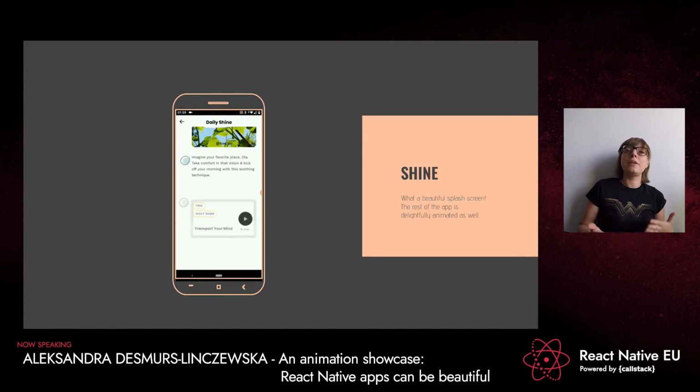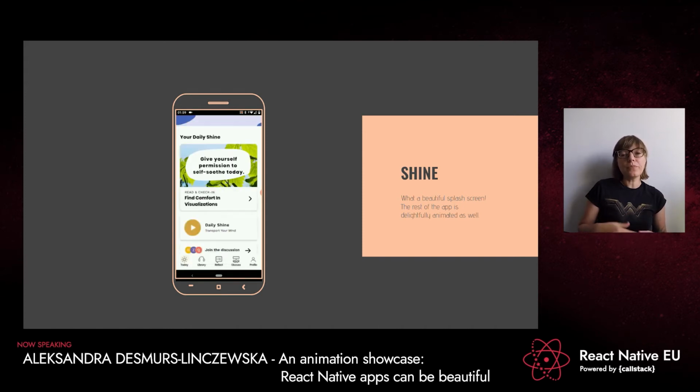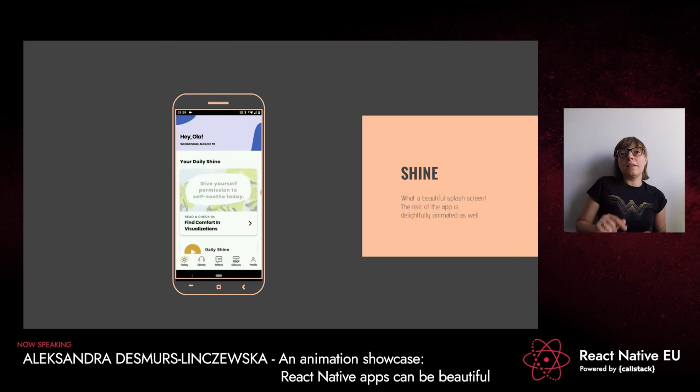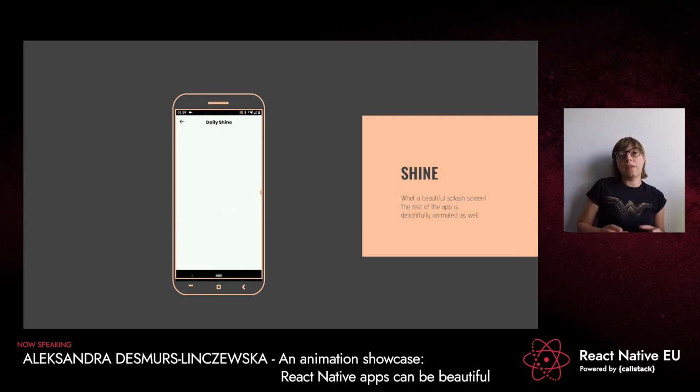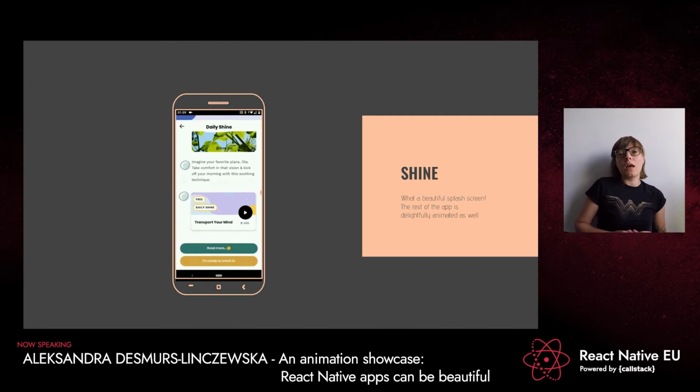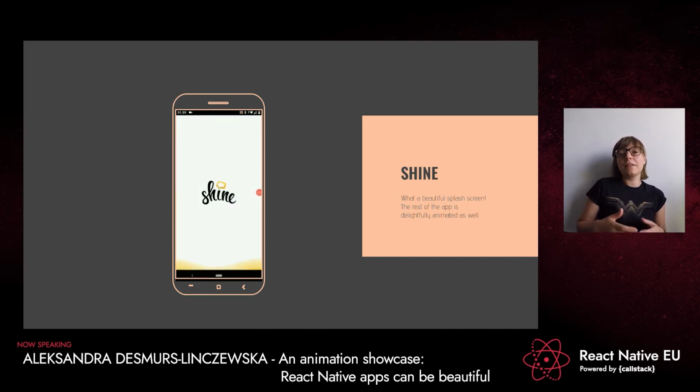So this app is an absolute proof that React Native apps can be beautiful and usable at the same time. At this moment, I would also like to mention that the GIF you're seeing on this slide is a screen recording from my pretty crappy phone, and it still works very smoothly.